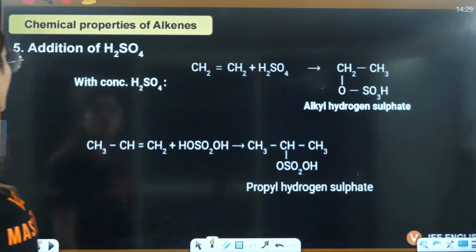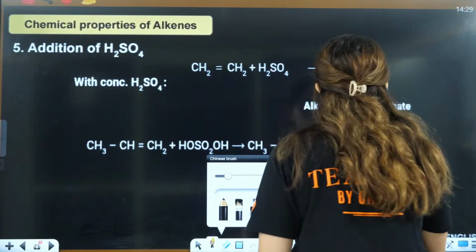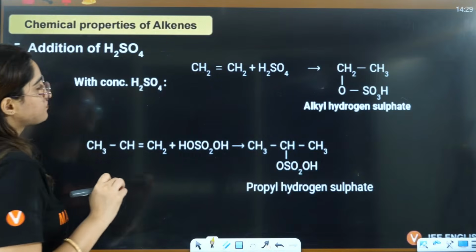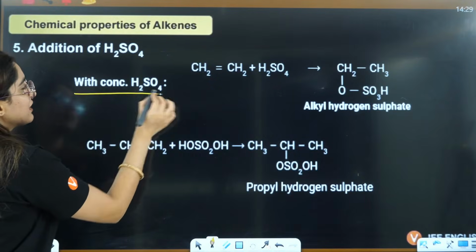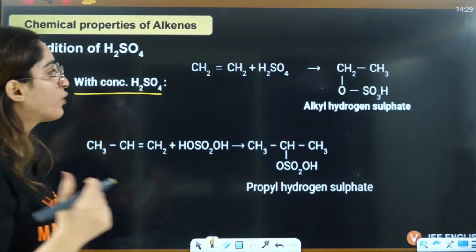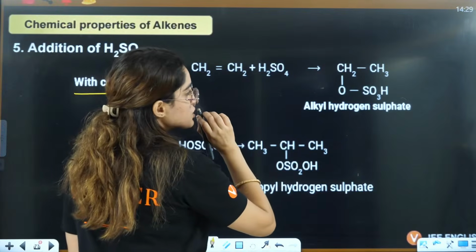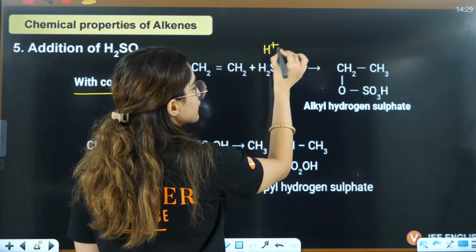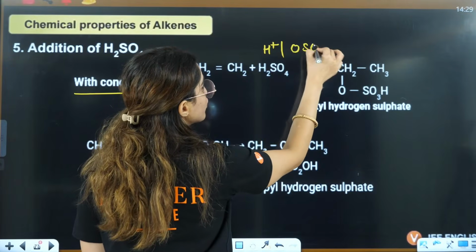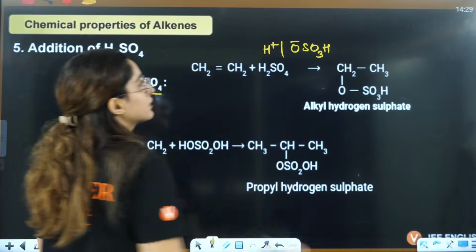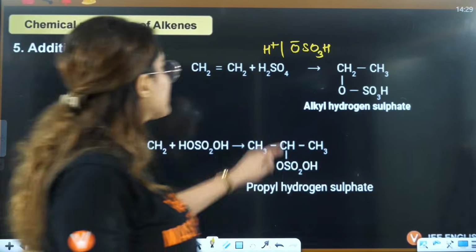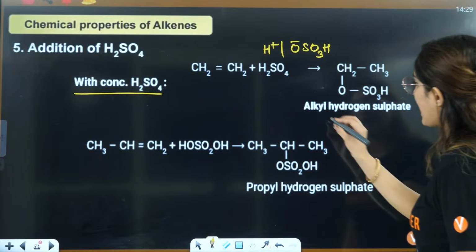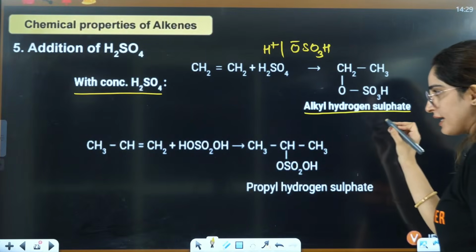Now guys, let's talk about addition of H2SO4. With concentrated H2SO4, what will happen? You have concentrated H2SO4. This gives H positive and OSO3H negative, right? So H positive will be attached and OSO3H will be attached, and you will have alkyl hydrogen sulfate.